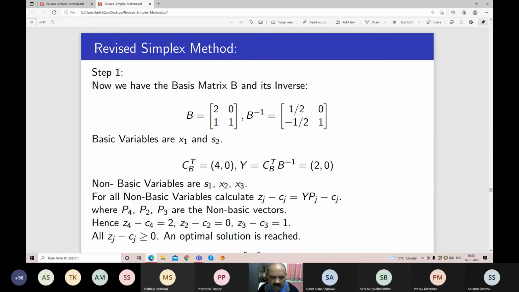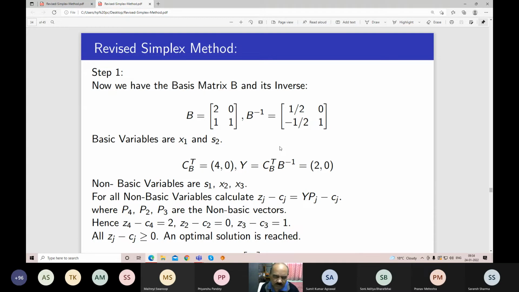What is happening? The basis matrix, initially it was 1 0 0 1. Next time what we have done is replaced the first column with 2 1. So if you replace the first column with 2 1, we have got the inverse.